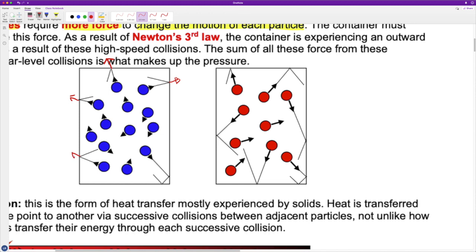Action-reaction, action-reaction. So every time there's a collision with the wall of the container, we get these Newton's third law forces. Well, of course, there are trillions of these collisions. So we end up getting a uniform distribution of these collision forces on the container. So these forces cumulatively represent the pressure.